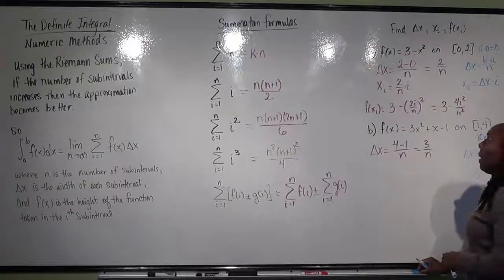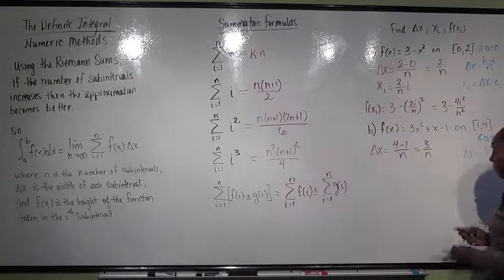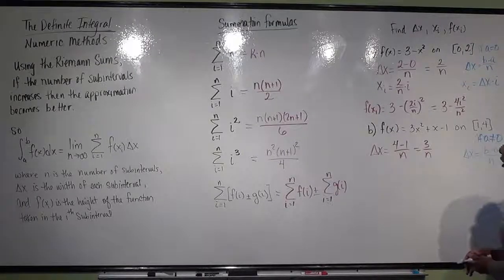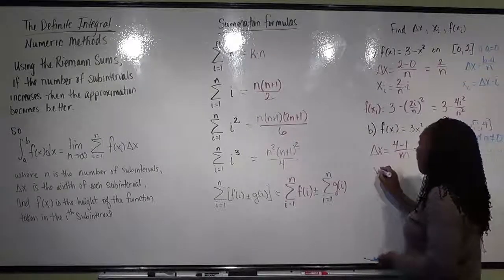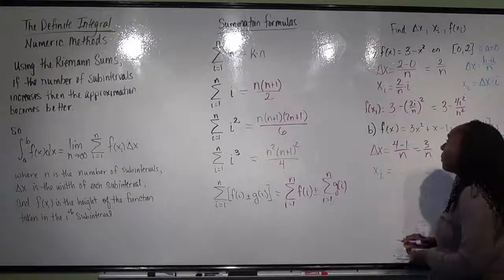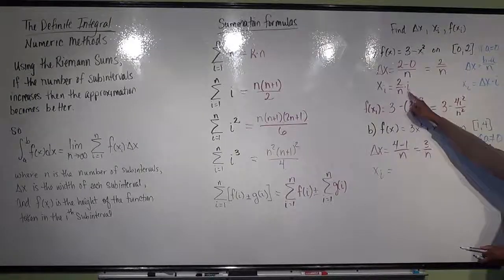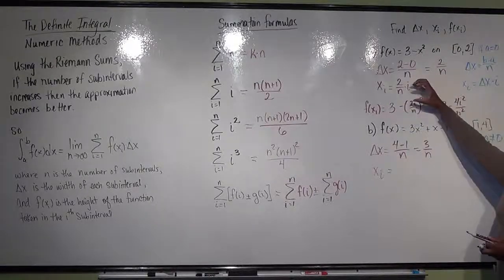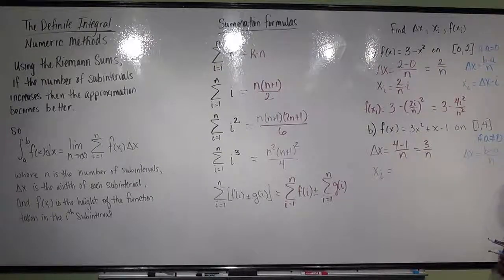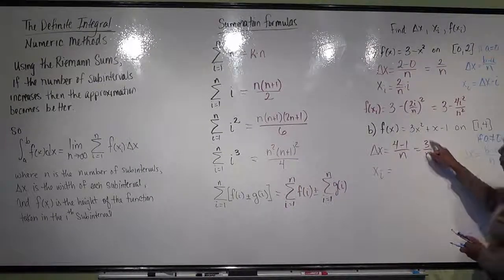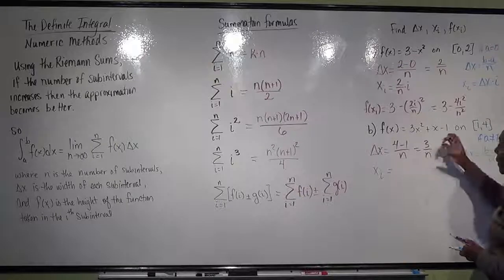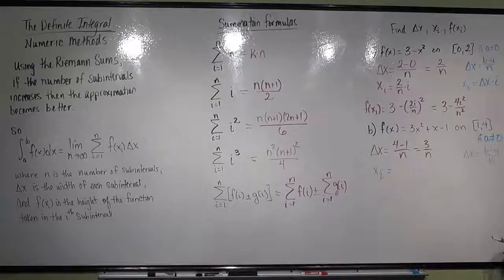My x sub i is going to change a little bit. Because if we think about what we said the last time, if I plug in 0, I want it to be the start of my interval. Well, in this case, if I plug in 3i over n and I plug in 0, I get 0, but that's not in my interval.